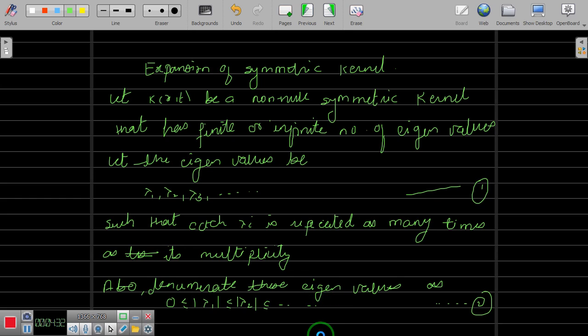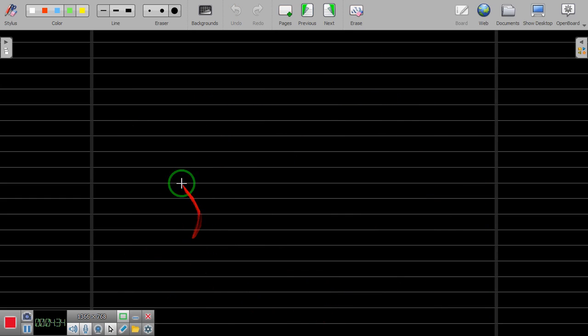Now we have eigenvalues, so let us take eigenfunctions. Let phi 1, phi 2, phi k, phi n, with k less than n of course, be the corresponding eigenfunctions.